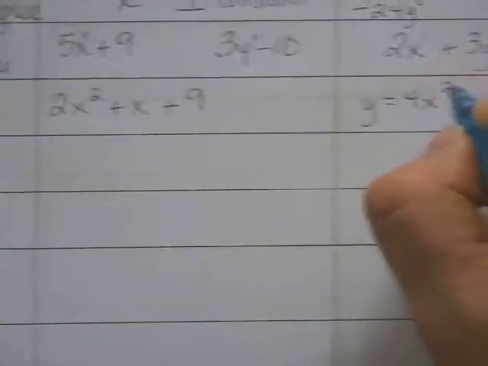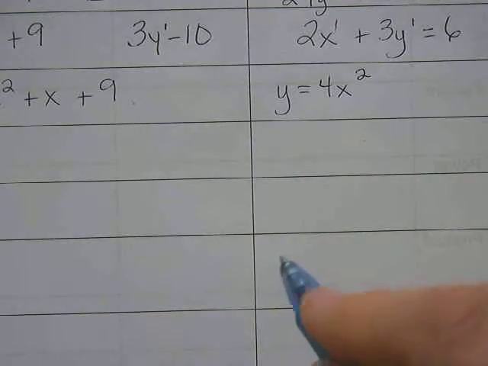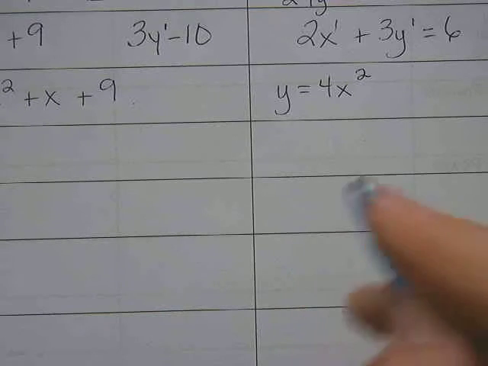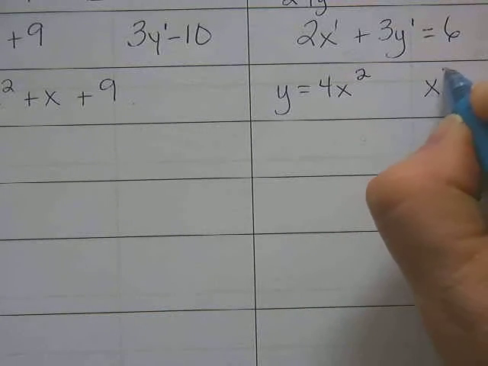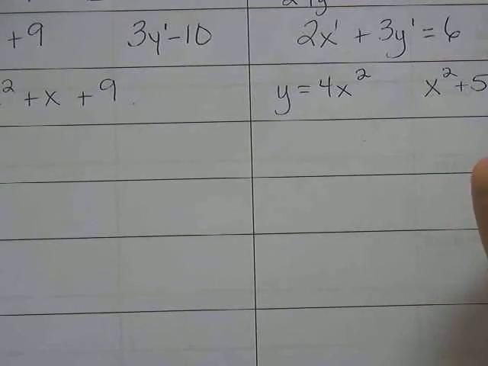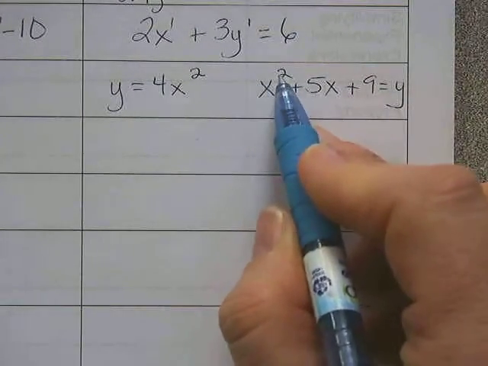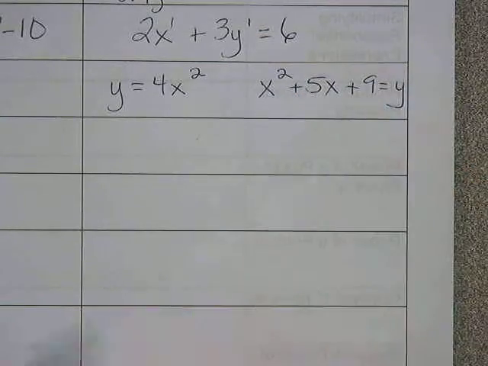Y equals 4x squared. This is a second degree equation. Okay, you can have as many terms as you want, but as long as the greatest power is to the second degree, that makes it quadratic.